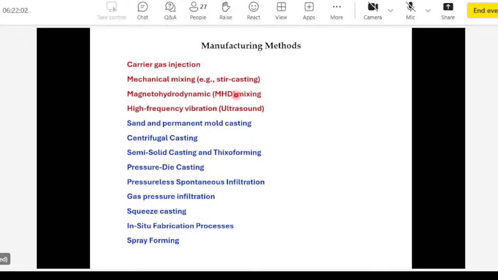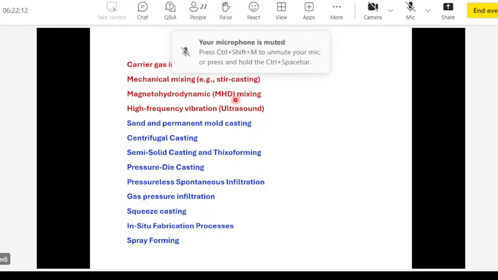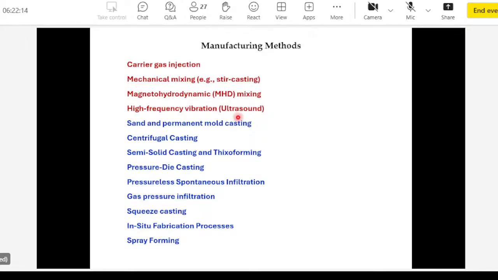That kind of agitation helps in stirring the powders in the metal without any worry about the stirrer dissolving or contaminating the metal. Ultrasound is not commonly used, but it has been used to make composites.